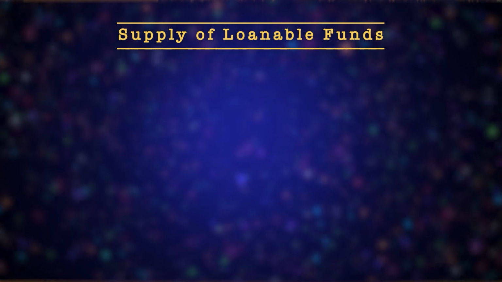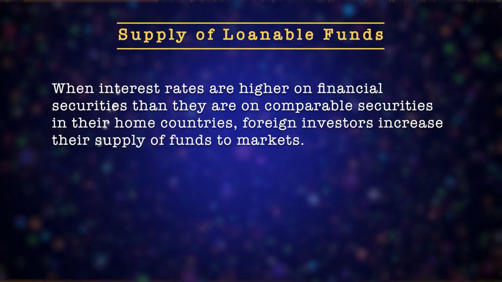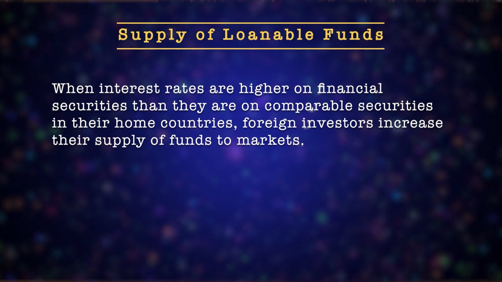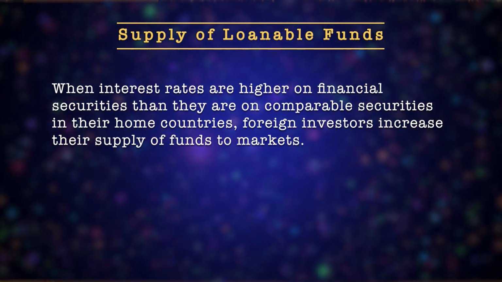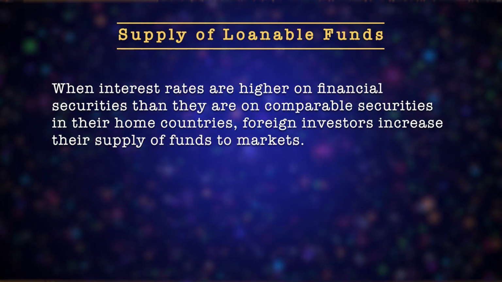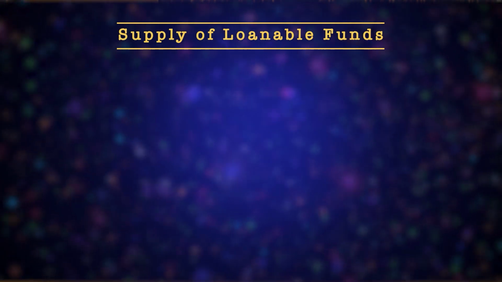When the interest rates are higher on financial securities than on comparable securities in the home countries, foreign investors increase the supply of funds to the market. This means that if internationally the rate of return is less and domestically the rate of return is more, then definitely the foreign investors will invest more in the domestic markets, and thereby the supply of funds will rise. This boils down to the equilibrating interest rates that come into action.